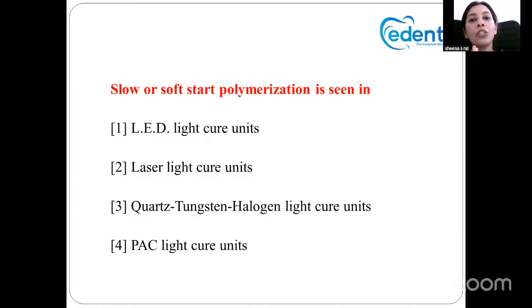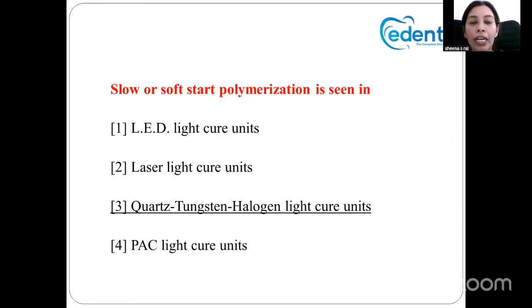Slow or soft start polymerization in composites. As I've told earlier, we know that there is something called polymerization shrinkage.